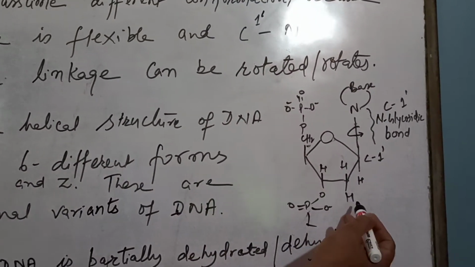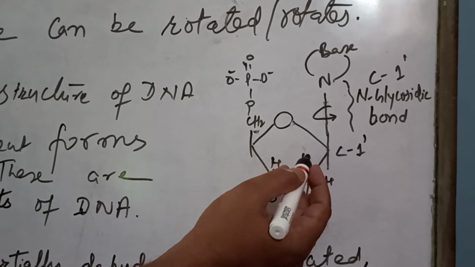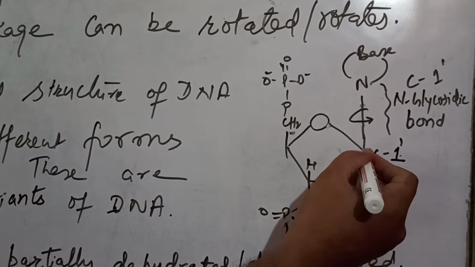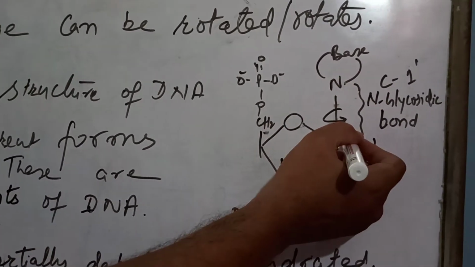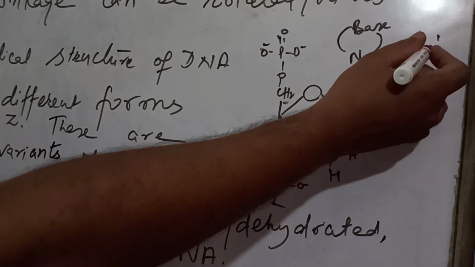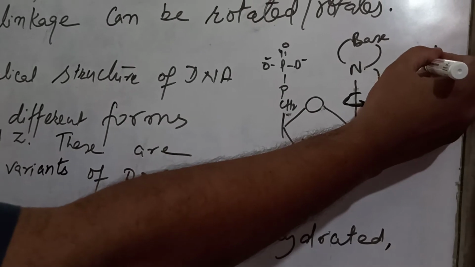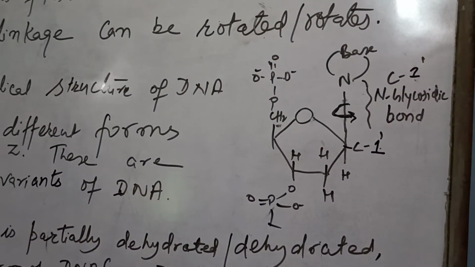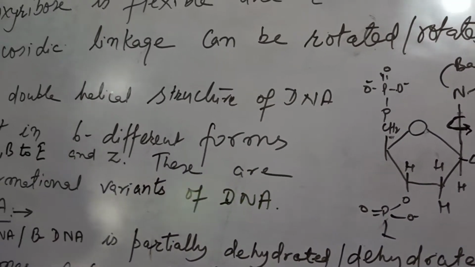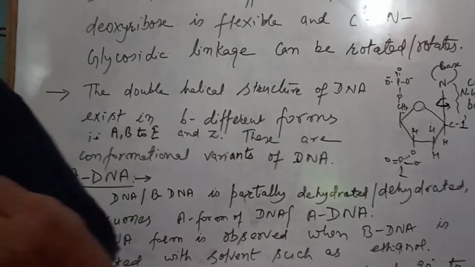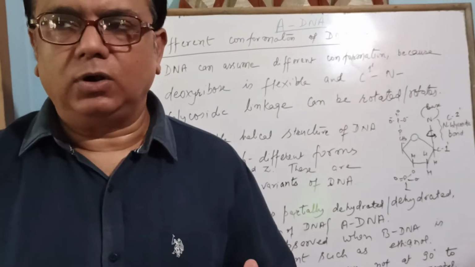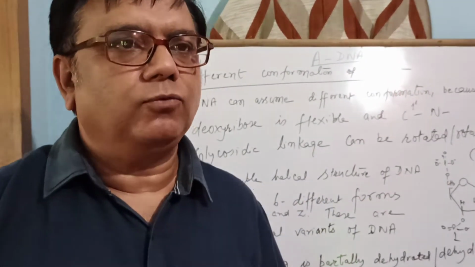Now if you see the structure, the base is there, deoxyribose is there, C1 prime is there, and this is the bond which undergoes rotation, the C1 prime N-glycosidic bond, and you are getting different conformations of DNA.